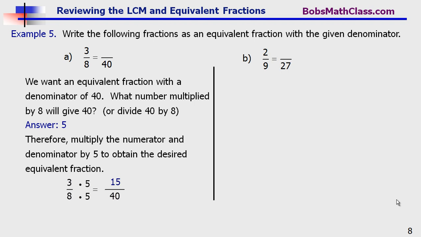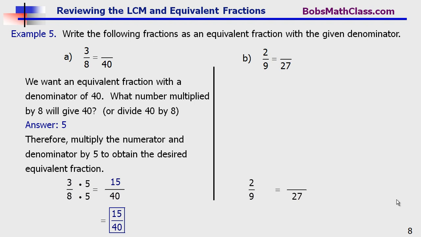So that's our answer. We don't want to reduce that, because then we'll start back at the same number we had, 3/8. Let's go on to the next one. Again, our answer is just 15 over 40. It's all done.